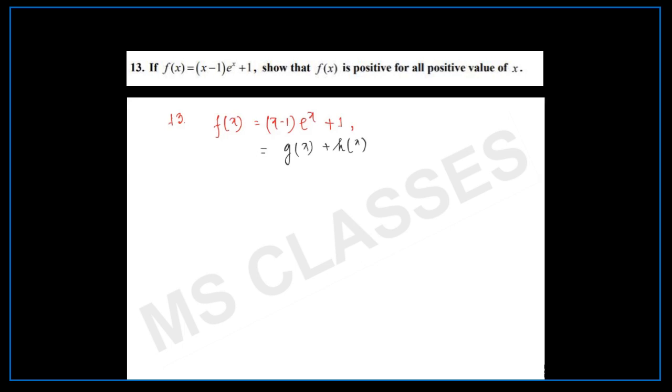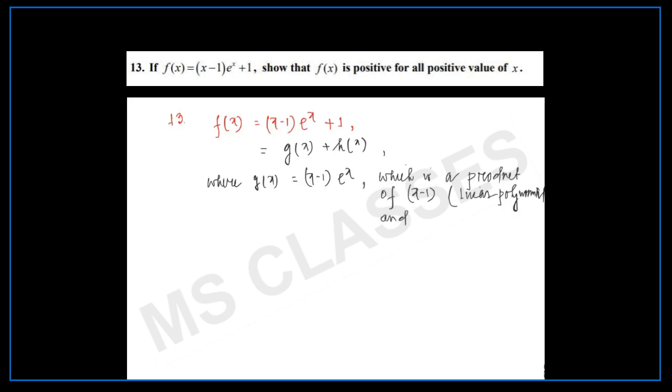Now here g(x) equals (x minus 1) into e to the power of x, which is a product of x minus 1, a linear polynomial, and an exponential function.